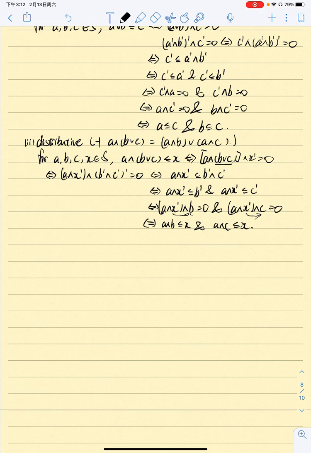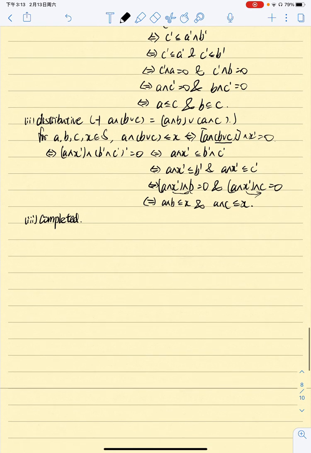And third, we need to show this is completed. To show this is completed, that means every element has a complement.